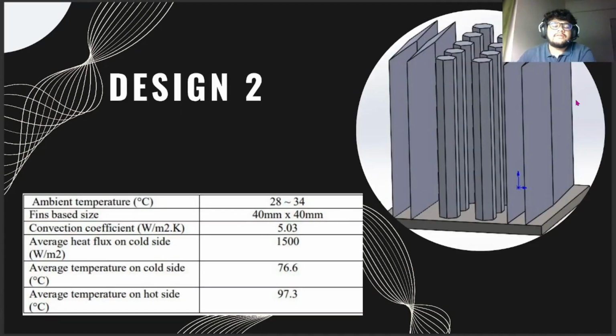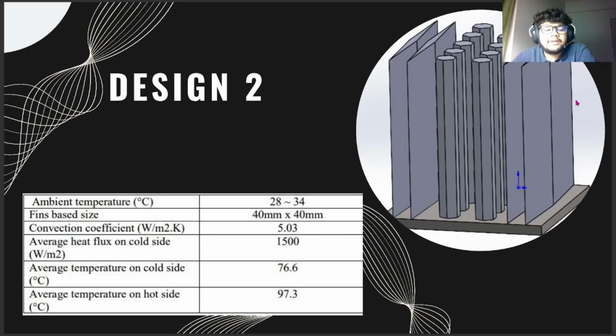So next is design 2. The design 2 ambient temperature is 28 degrees Celsius until 34 degrees Celsius. Fins base size is 40 mm times 40 mm. The coefficient is 5.03 watt over meter square times Kelvin.